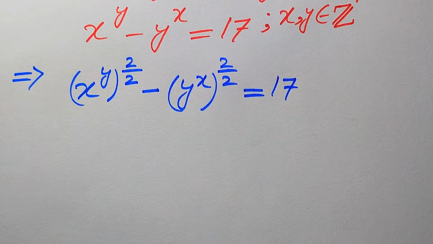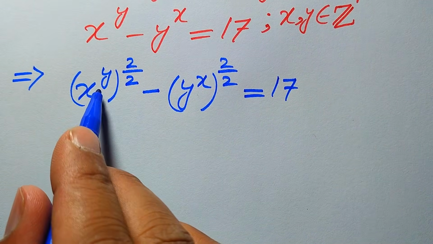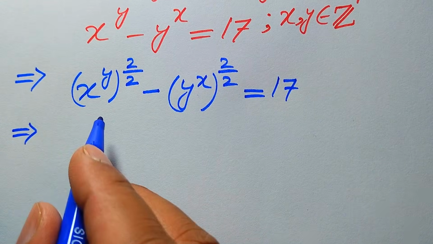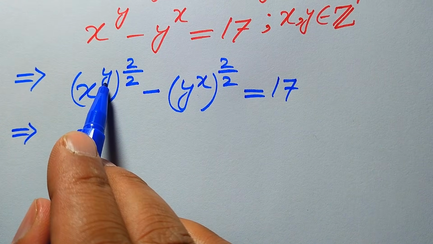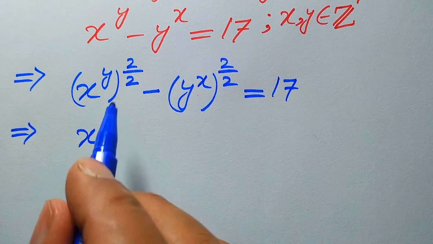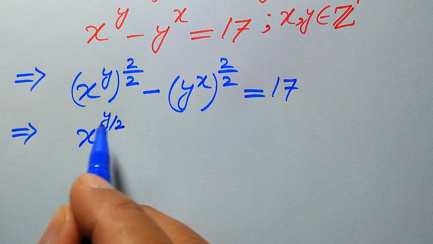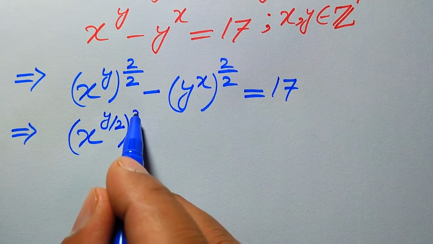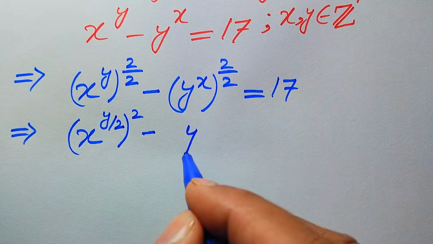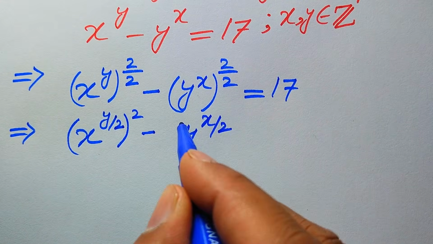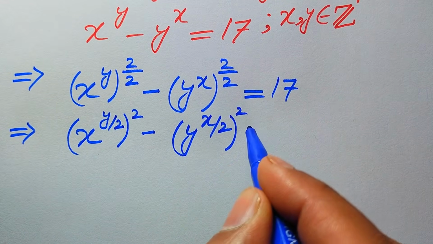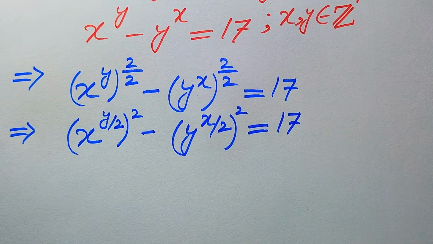And now in the next step we move the term 1 over 2 inside, and it will be written as x to the power of y over 2 and its whole square, minus y to the power of x over 2 and its whole square, is equal to 17.